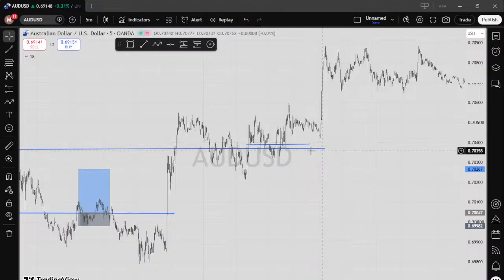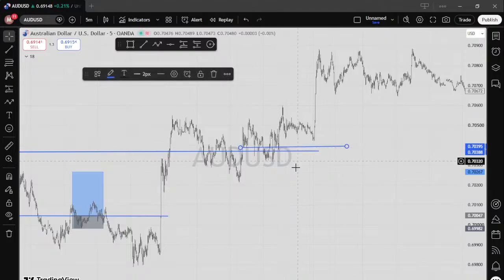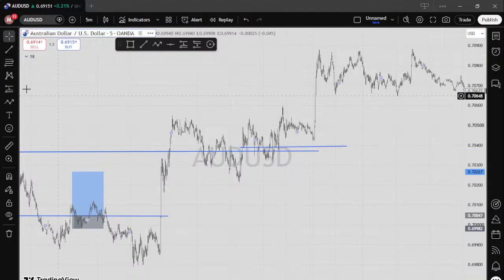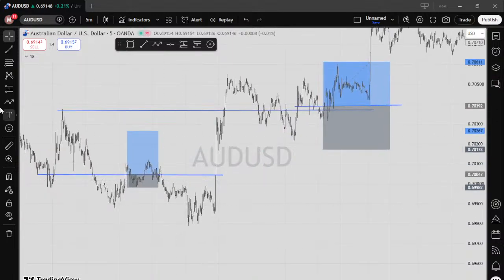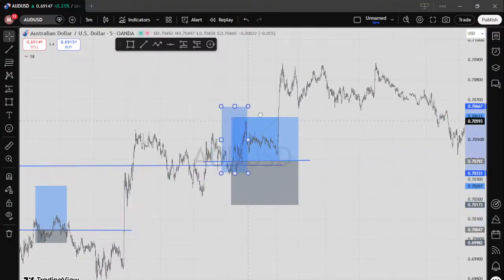But okay, I can look inside myself at this level. Then I entered a sell. This is what I did: I entered a sell and drew this level from here to here.